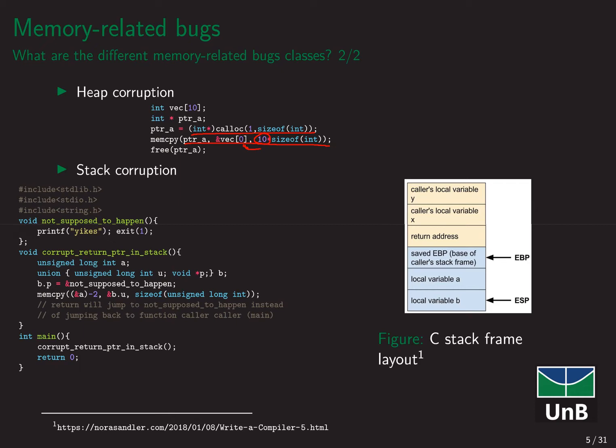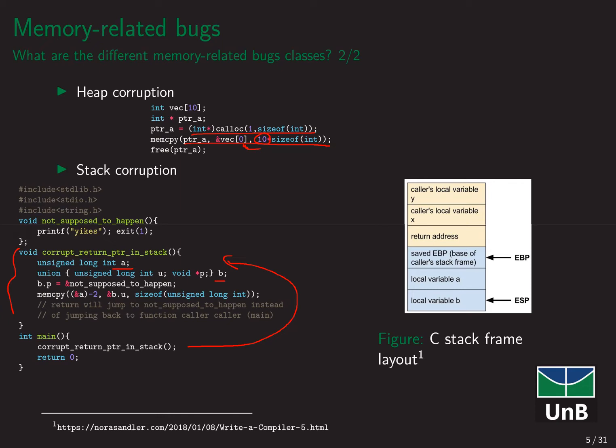And the last example is the stack corruption, where we have a bugged function here that is properly named. When we call this function, it will allocate two variables, a and b.